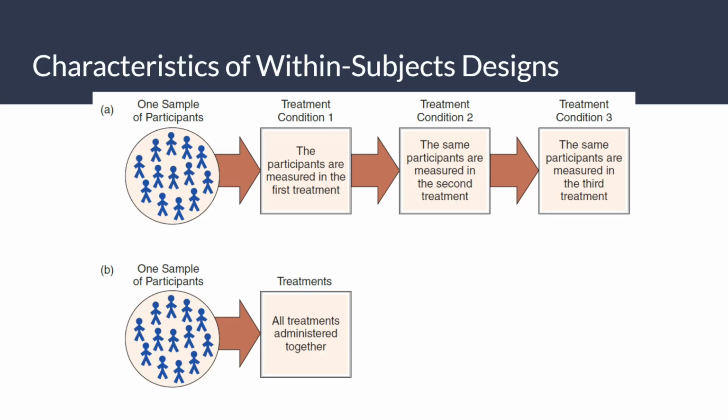In letter A, the treatments are not being administered at the same time, but there's a gap between one treatment condition and another. On the other hand, the methodology used by Schmidt made use of letter B because he alternated funny with neutral words.